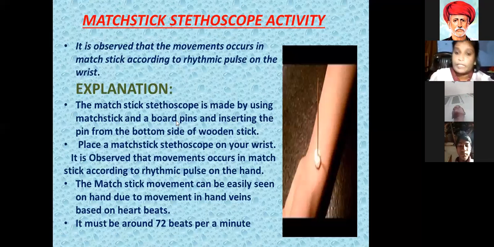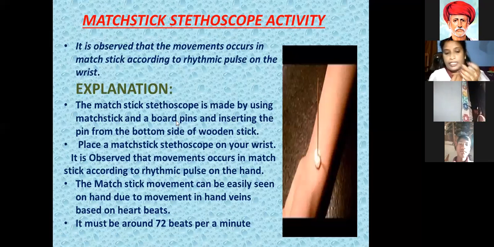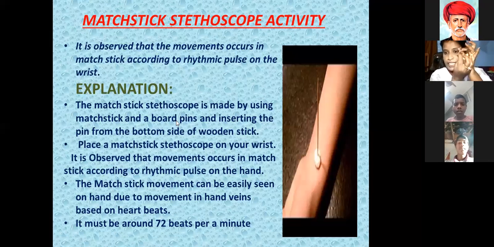Once again I give the explanation. Take the matchstick; the stethoscope is made using a matchstick and a board pin. We take the board pin and insert it from the bottom side into the wooden stick.